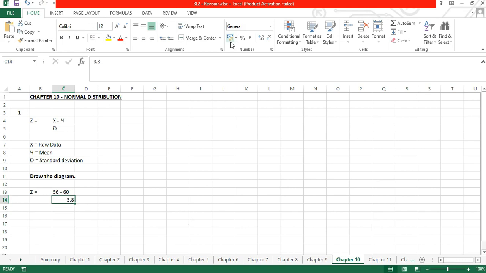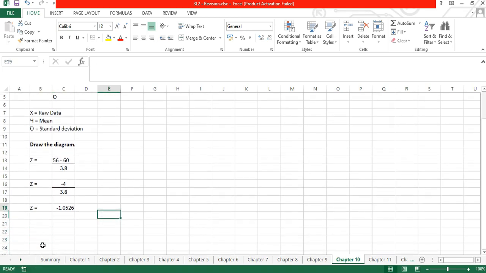Then what will be the answer? 56 minus 60 is minus 4, divided by 3.8, which will be equal to minus 1.05.